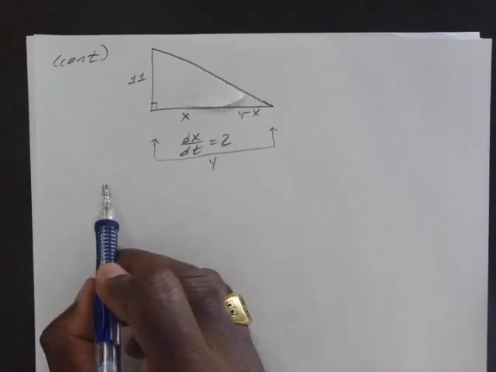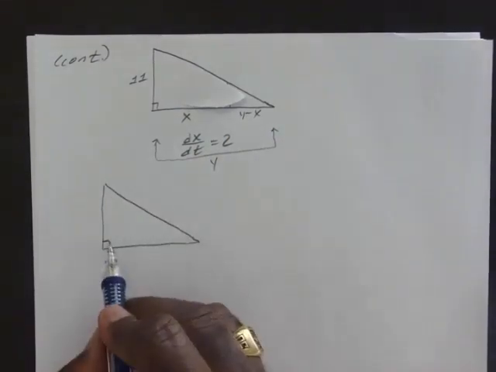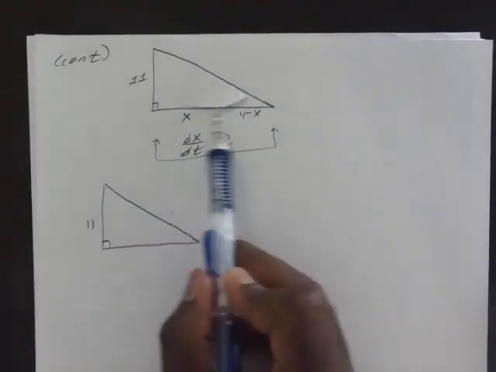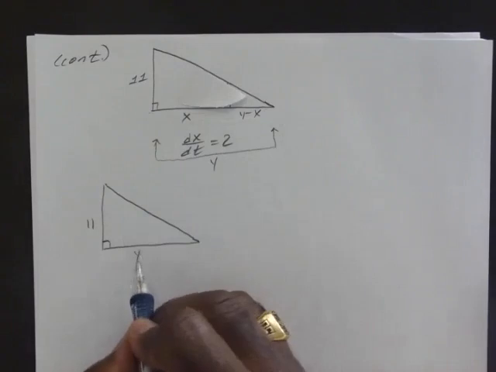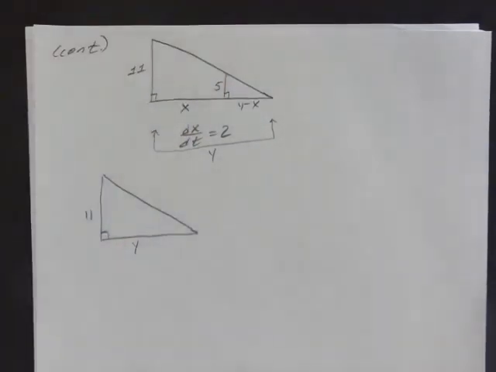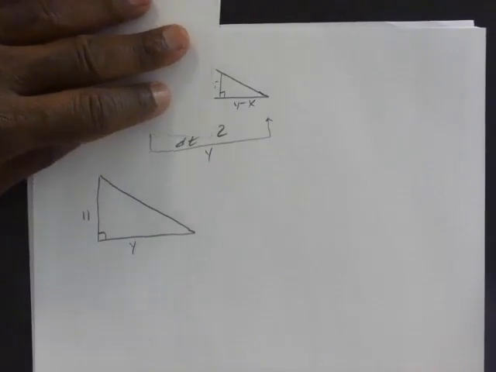So if we take that entire triangle, this is a length of 11, and this whole length is y. Now we look at just the smaller triangle.